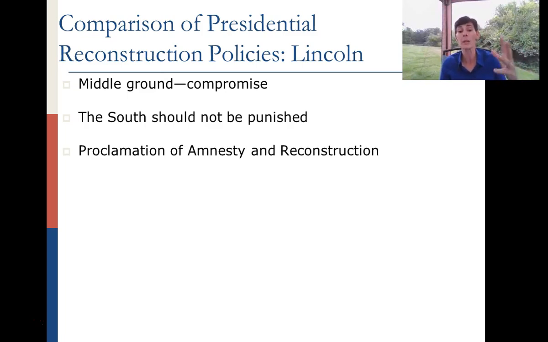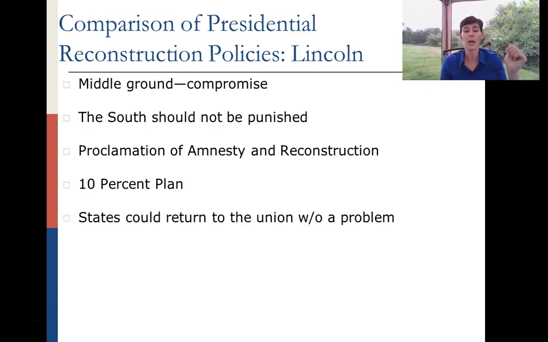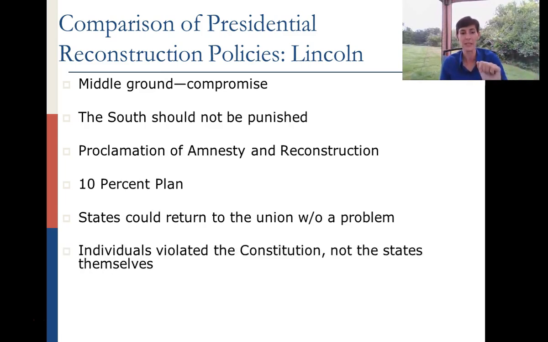He issued a proclamation of amnesty and Reconstruction, but proclamations don't really have the true force of law. It's not an act of Congress. He suggested the 10% plan, which I'm going to talk about in a little bit. He believed that the states could return to the Union without a problem. Why? Didn't they violate the Constitution? He said, no, no, no. Individuals violated the Constitution.